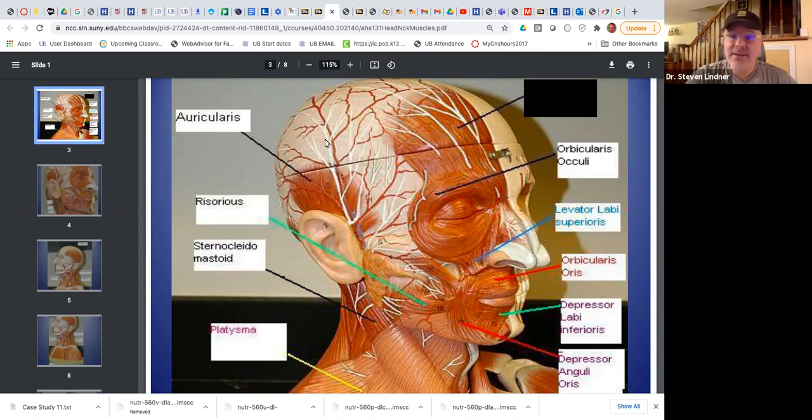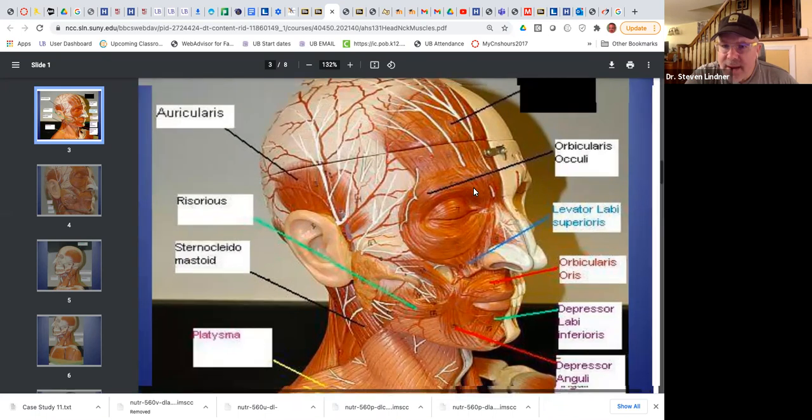The auricularis moves the ear, like that. Can you see that? Okay, so that's the auricularis, and deep to it will be the temporalis.